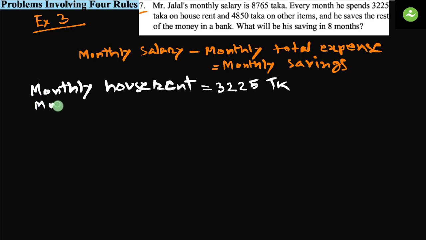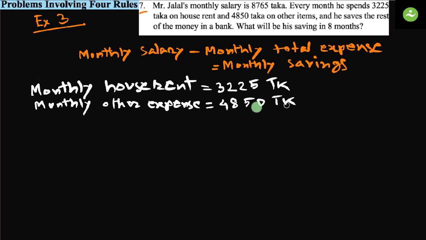Monthly other expense, how much? 4,850 taka. And how do we get the total expense? By addition.